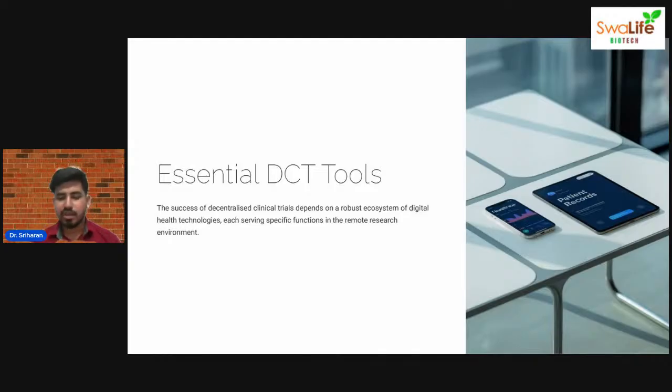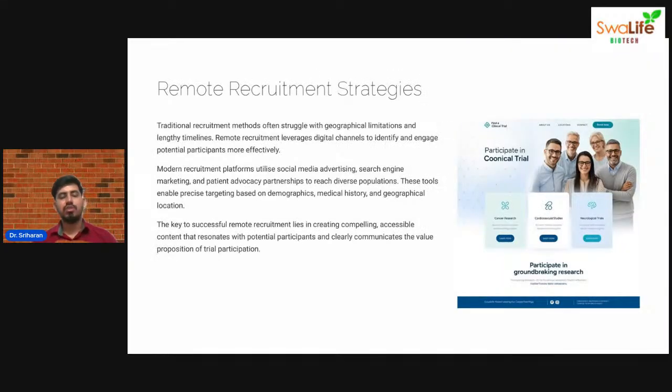Essential DCT tools, we are going to see here. In the essential DCT tools, the main thing is the patient recruitment strategy, because without patient recruitment we cannot run the trial. So the patient recruitment strategy is very important. The traditional method often struggles to get patients into the trial.